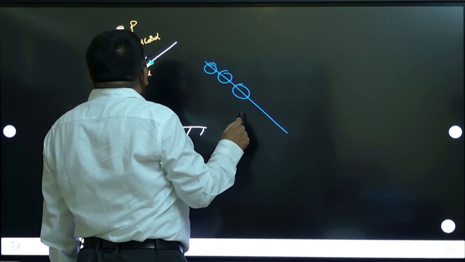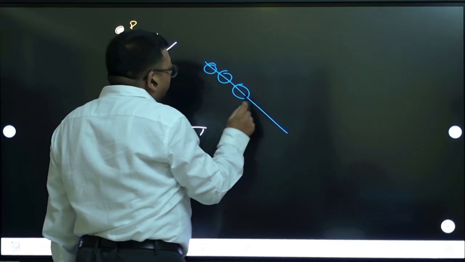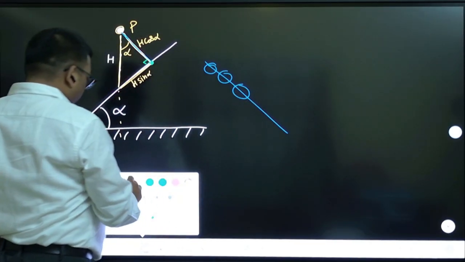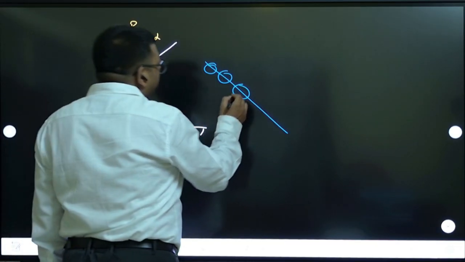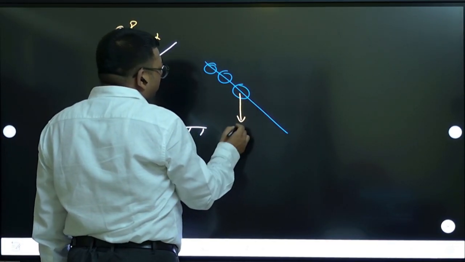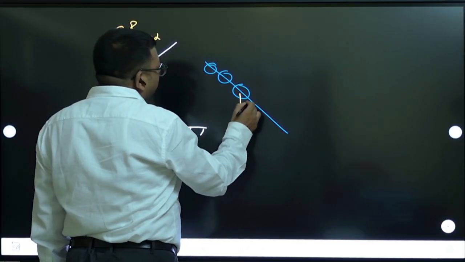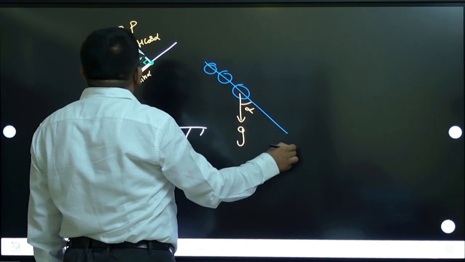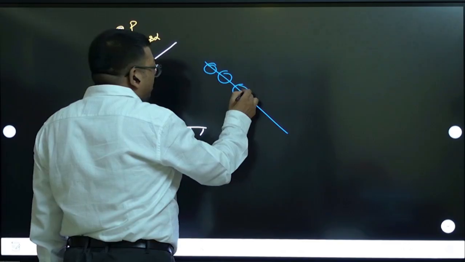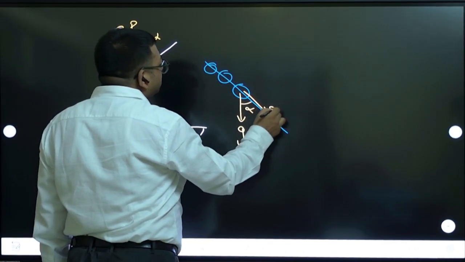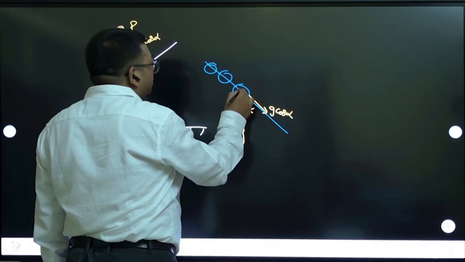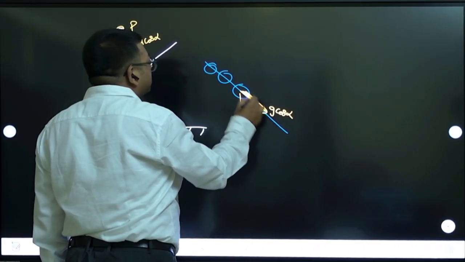So on this path, what will be the acceleration? First of all, we need to think about it, because acceleration due to gravity acts in this manner only, right? Acceleration due to gravity acts this way, and this is making angle alpha here with this one. So here its acceleration component will become g cos alpha, right? This component will become in this direction g cos alpha.